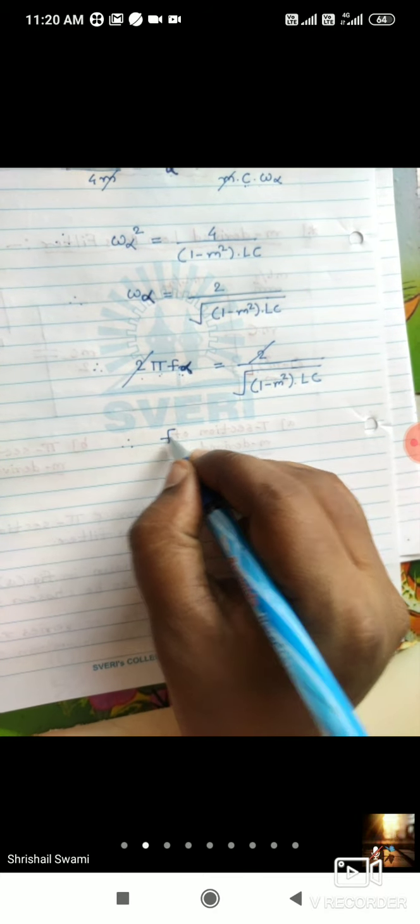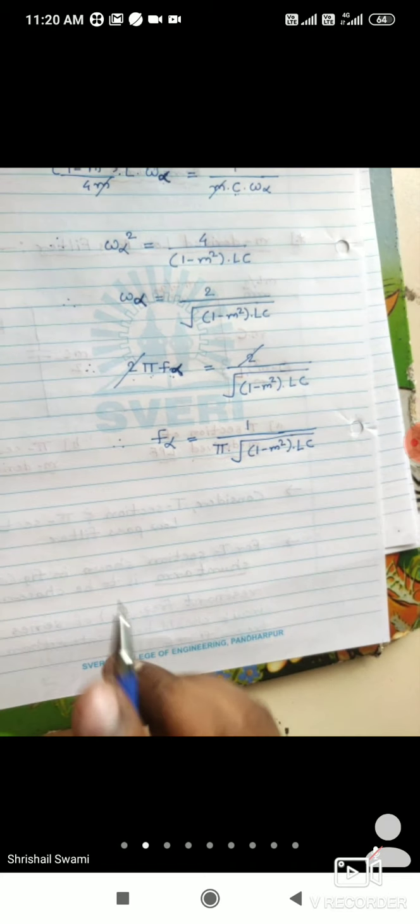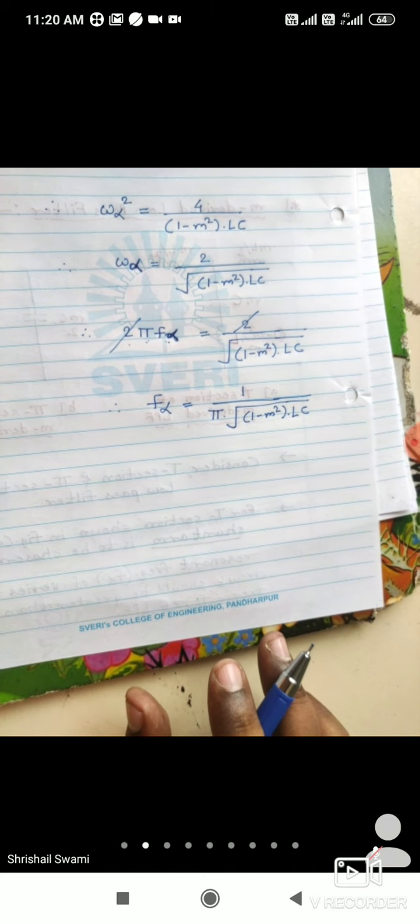So f alpha is equal to 1 upon pi into under root (1 minus m square) into L into C. So what will be the cutoff frequency of the low pass filter?